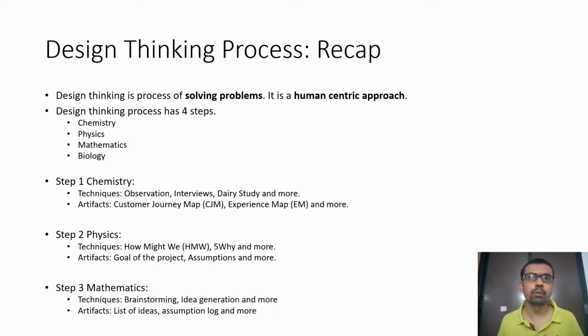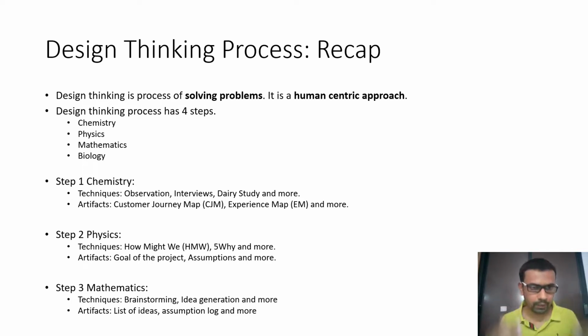Mathematics is a creative way of thinking, or idea generation. We use the analysis document from the physics step, with techniques like brainstorming and idea generation to get solutions, and the artifacts of that step are a list of ideas, assumptions and more.